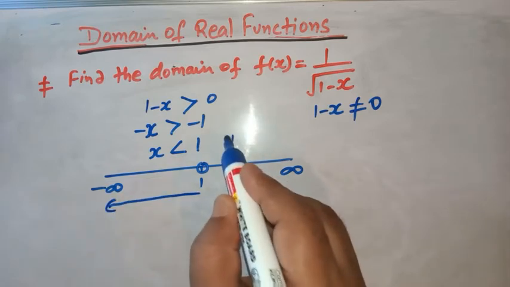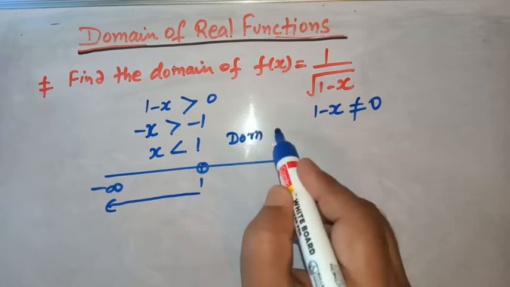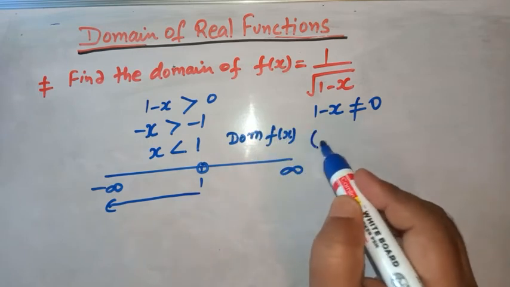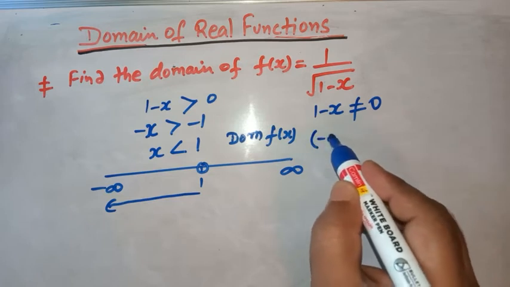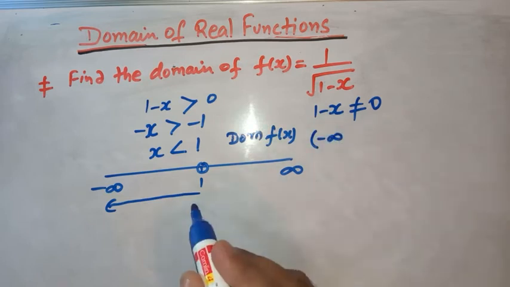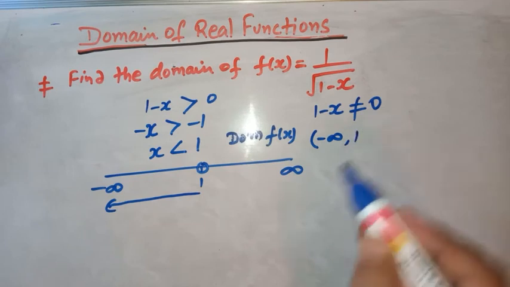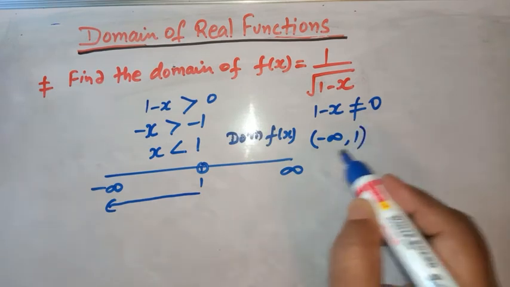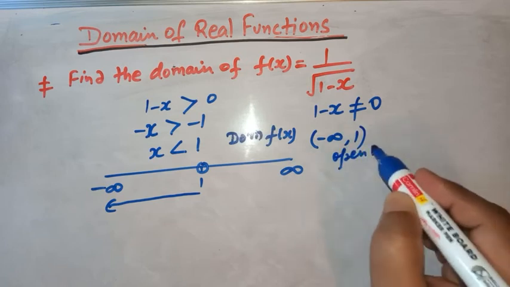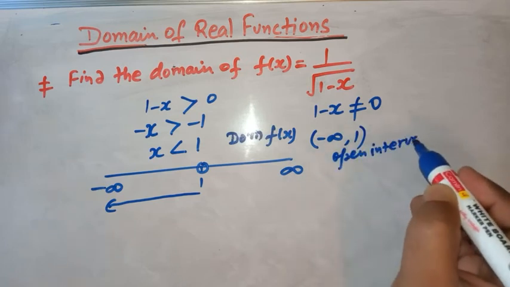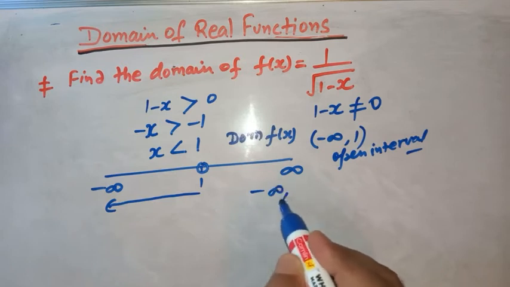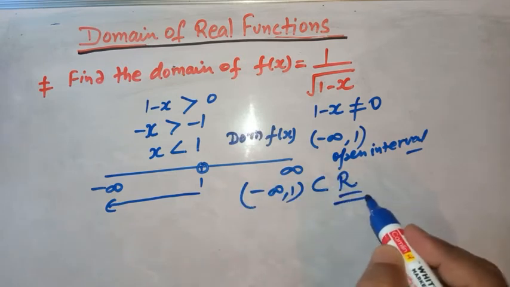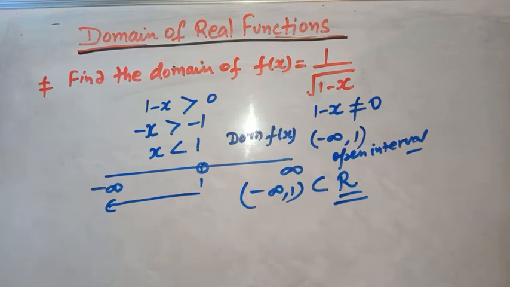So the domain of f(x) is from minus infinity to 1. Here we have the open interval, and obviously minus infinity to 1 is a subset of the set of real numbers. Clear?